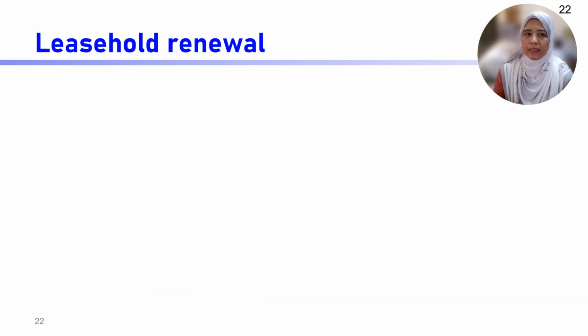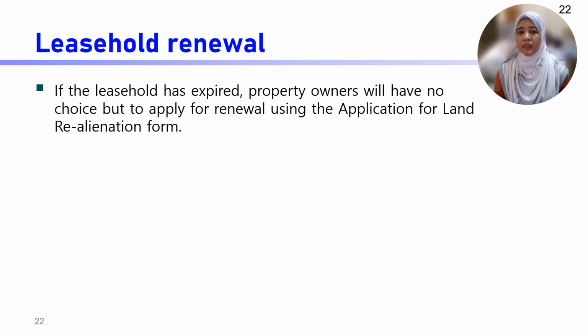Now, what about leasehold renewal? Ni renewal ni lain. Extension tadi, you ada tempoh lagi, you minta pemanjangan, kan? So, in this case, okay, you have run out of the lease term. Barulah perasan, oh, saya punya leasehold dah habis. If the leasehold has expired, the property owners will have no choice but to apply for renewal using the application for land re-alienation form.